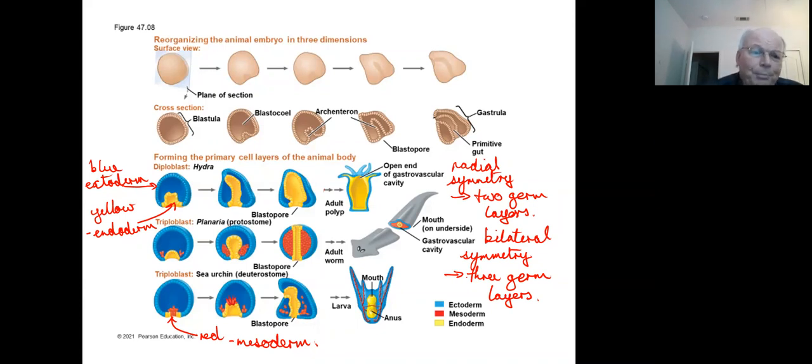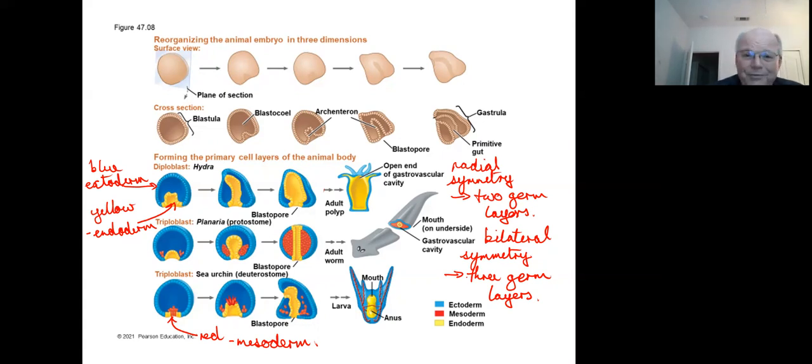The ectoderm gives rise to the skin, to the central nervous system, to the sensory organs associated with the skin and the central nervous system. It also gives rise to the enamel of the teeth. So there are some odd features that are associated with ectoderm. There are some odd features that are associated with mesoderm. The endoderm is pretty straightforward.